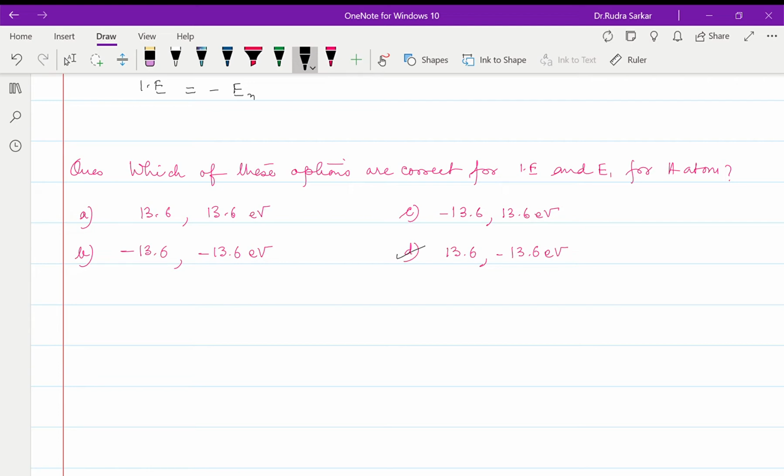Now again, as we have been doing questions, this was a question again asked in the medical exam.